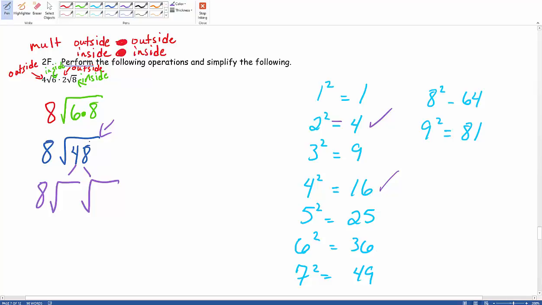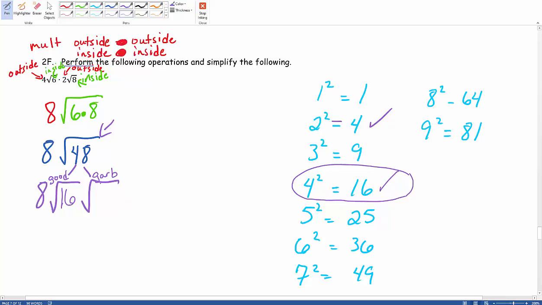So taking our number 48, we're going to go ahead and divide it by our biggest perfect square. So that looks like it would be this 16. So again, we have our good and our garbage. And we're going to go ahead and place that 16 inside of our good.